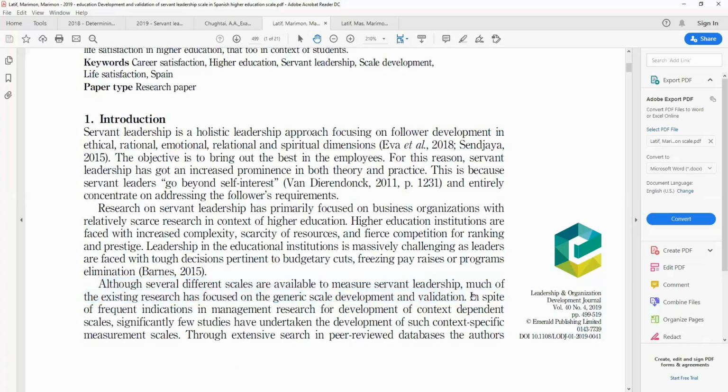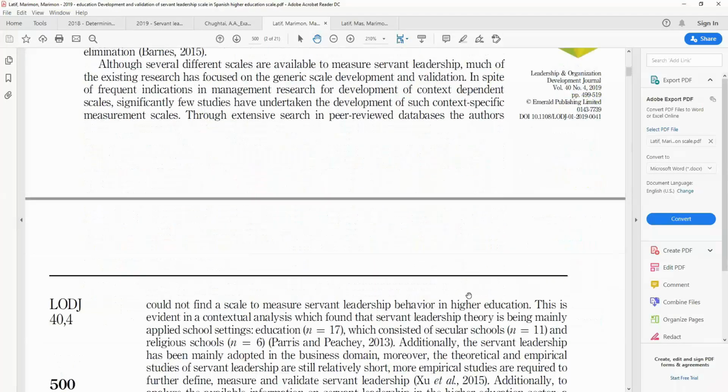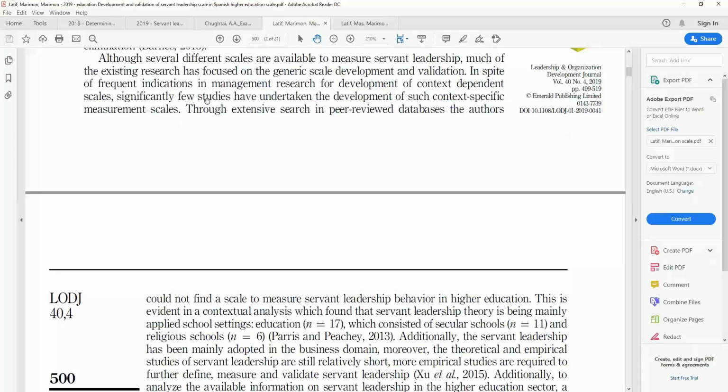So this particular section starts to focus on why there is a need to develop a scale pertinent to servant leadership and what the limitations of the existing scales are.